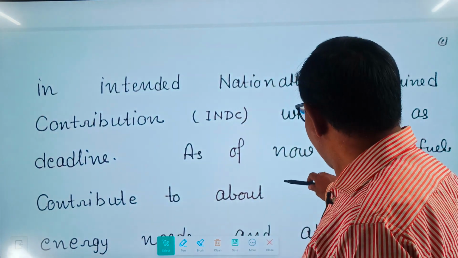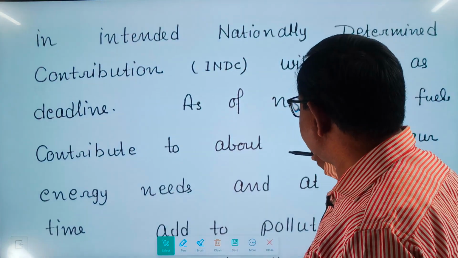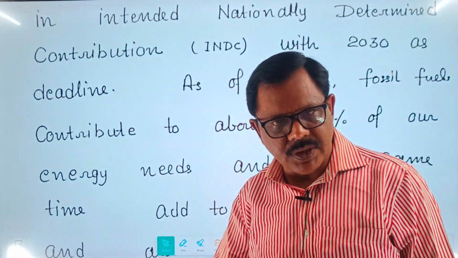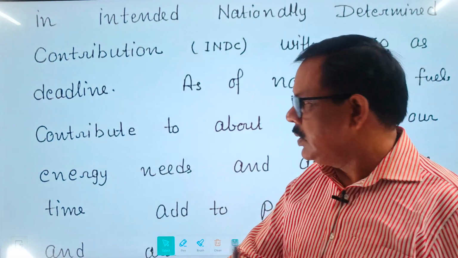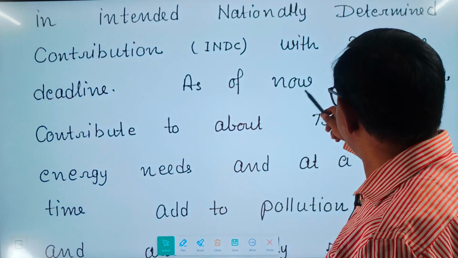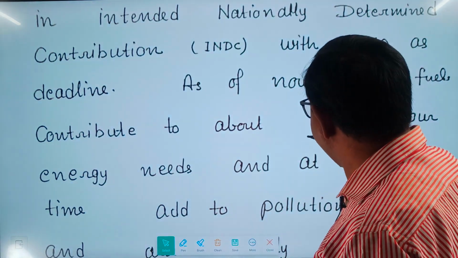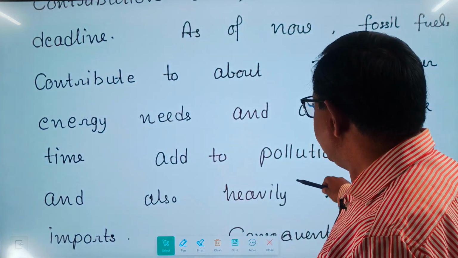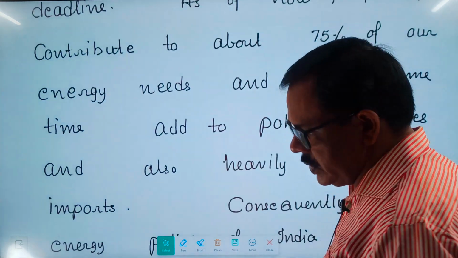Now, regarding fossil fuel, you have to compare it with nuclear energy, specifically compared to other sources of energy. So you write, at present fossil fuel contributes about 75% of energy needs, and at the same time adds to pollution woes also.